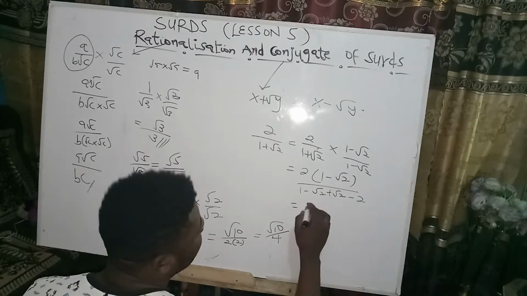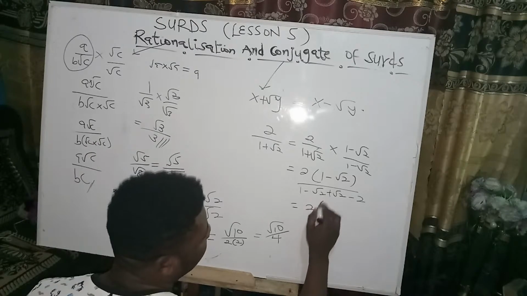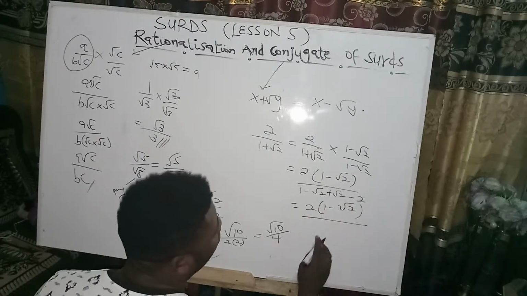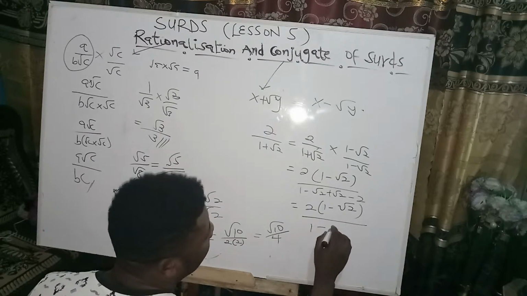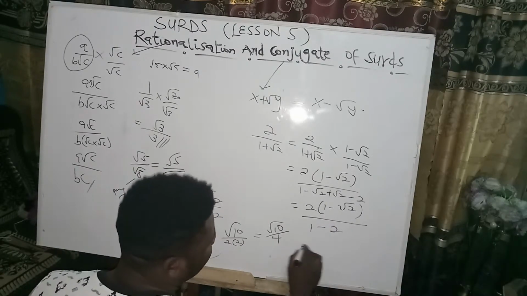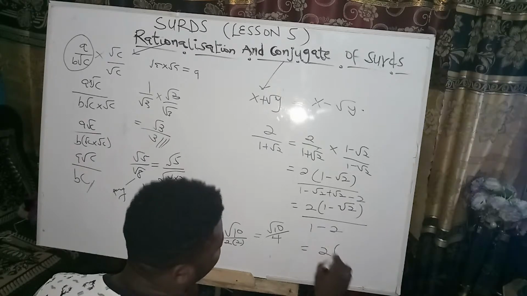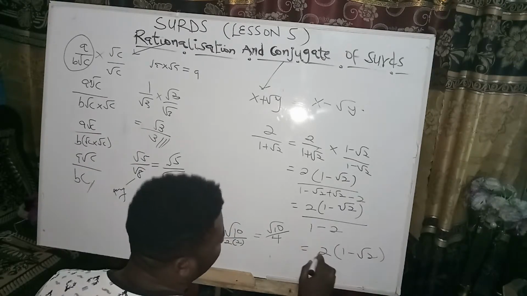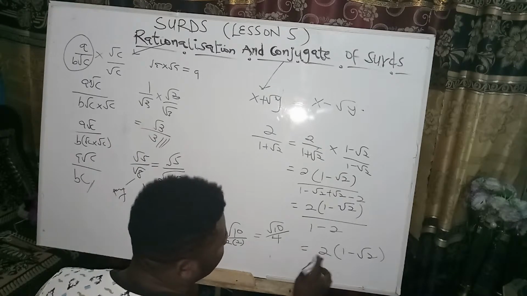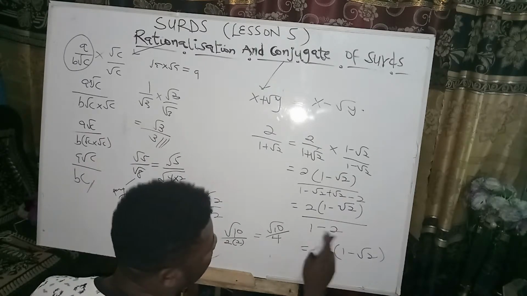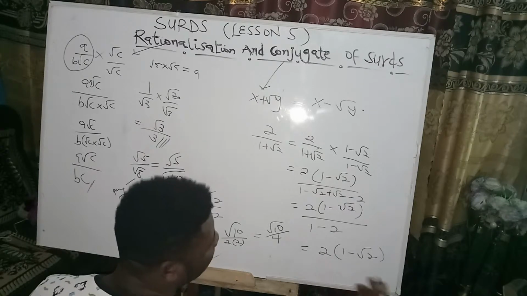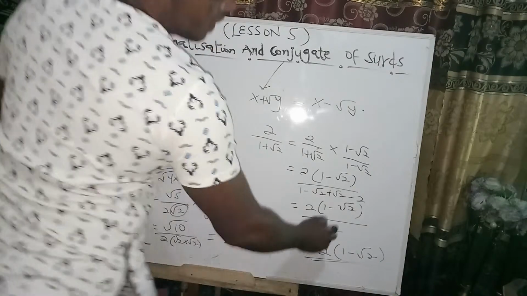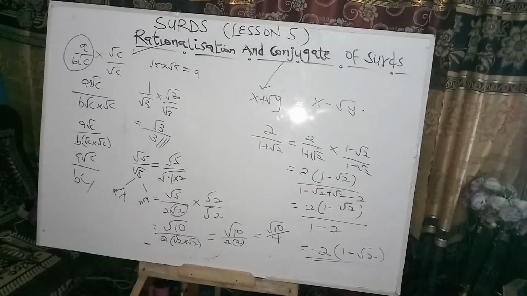So you can see that we are taking the square root away. So we have 1 minus root 2 all over 1 minus 2. So I'll get 2 times 1 minus root 2. Since 1 minus 2 gives me minus 1, let me just keep the minus here. So this is my final answer.